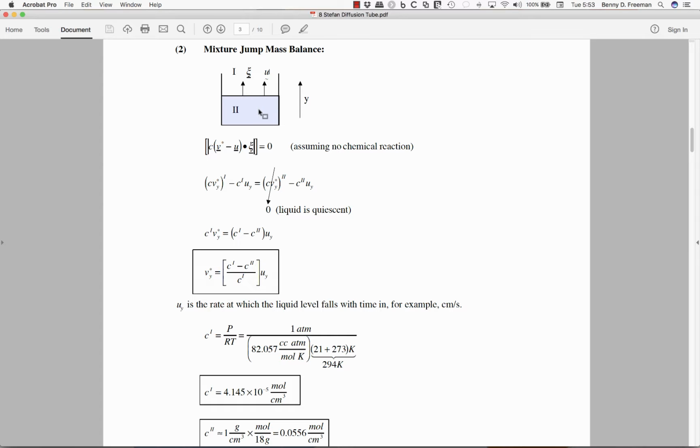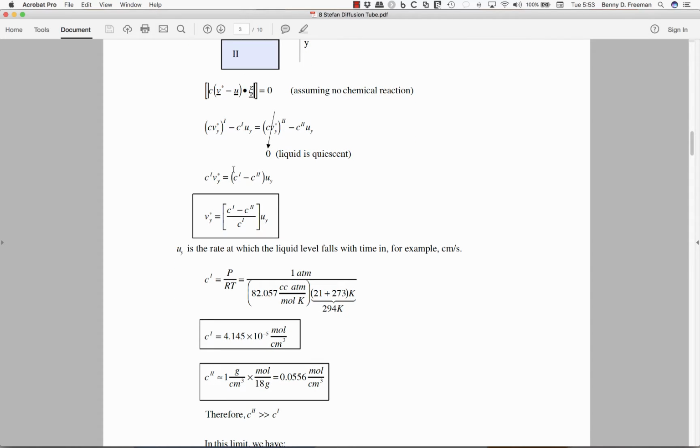We assume that the liquid has no net motion in the y direction. I've said this is the condition that the liquid is quiescent, and so that means that in the liquid phase, phase 2, there is no net motion of the liquid itself in the y direction. So this term goes to 0.